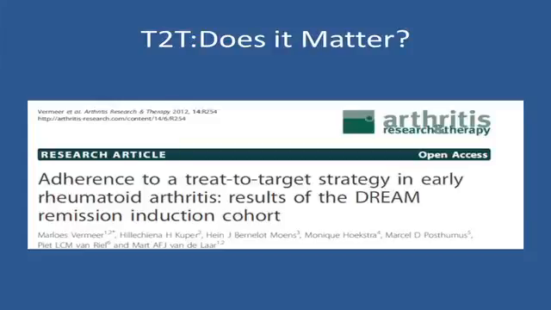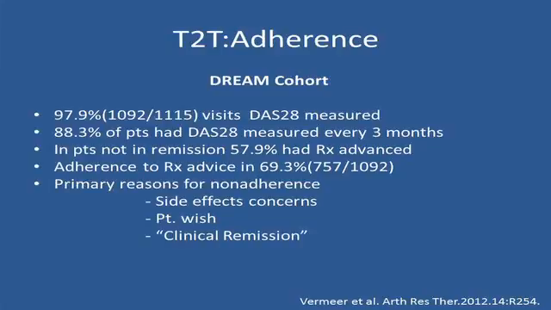So what about adherence to treat the strategy? What do we know? Do people continue to do this? So going back to the DREAM remission induction cohort, which is the group in the Netherlands of these 6 hospitals, they basically cherry-picked 100 patients who were in their system and who had DAS28 scores looked at, who had at least 6 months of follow-up.